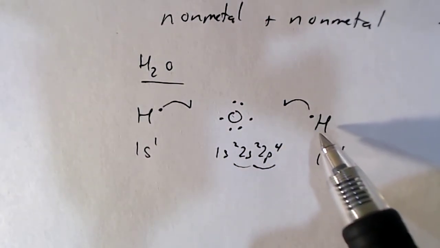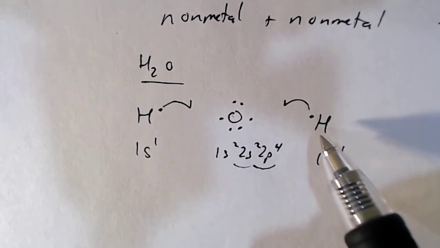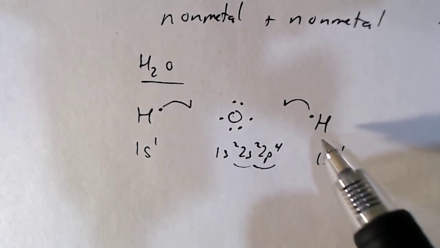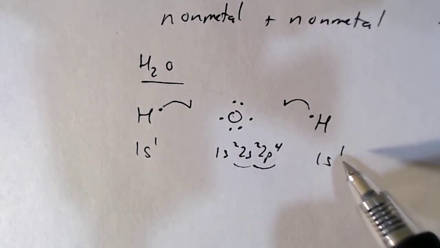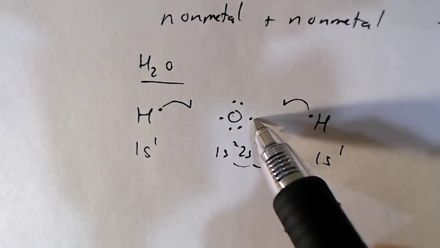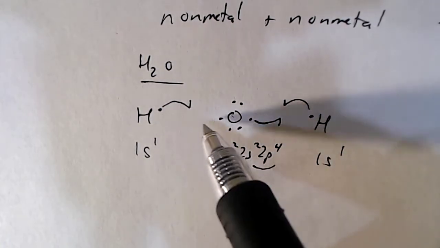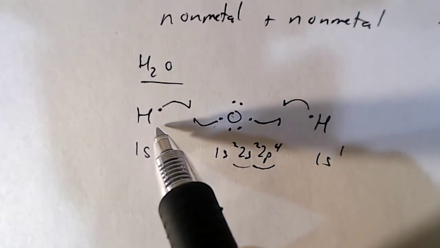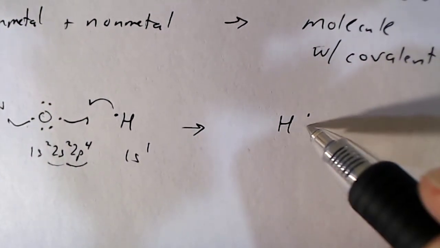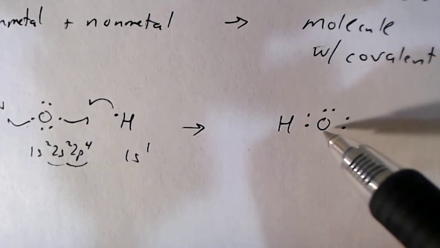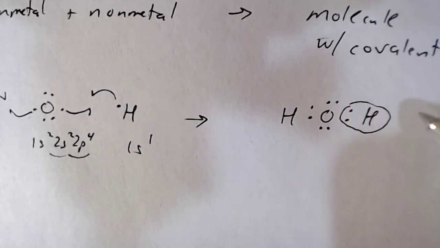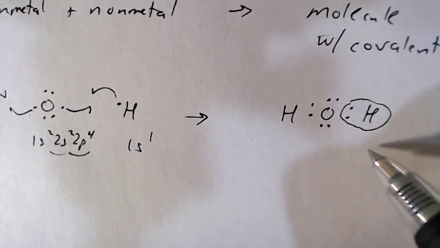And this hydrogen only has 1 valence electron, but in order to be stable, it only needs 2 valence electrons because if it ends in 1s2, then it will have the same electron configuration as helium, a noble gas. So this oxygen might share 1 electron towards it, and then another electron is shared towards that hydrogen. So soon we have the following. You can see that this right hydrogen has 2 valence electrons around it.